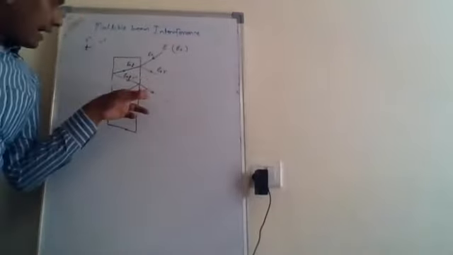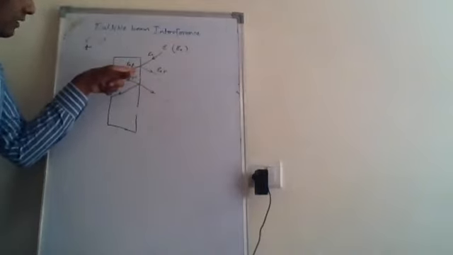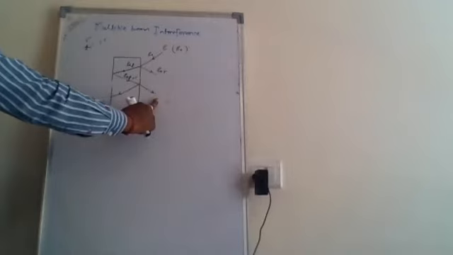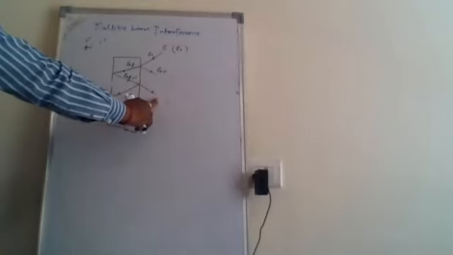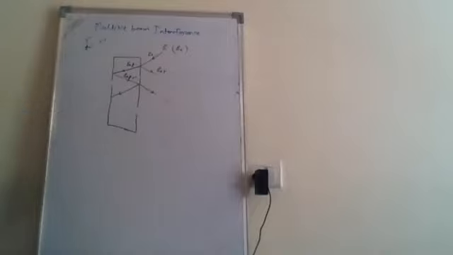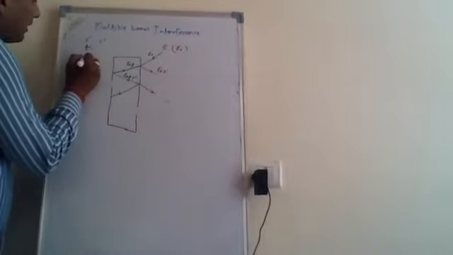The transmission coefficient of light going into the film is T, and the transmission coefficient of light transmitted out to this side is T prime.